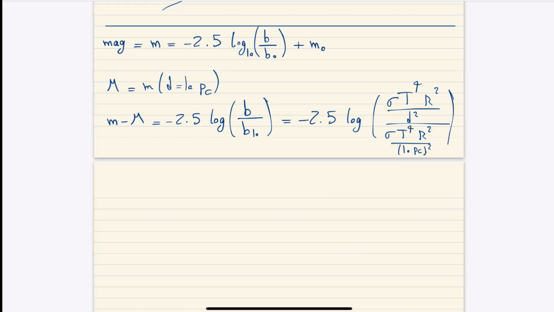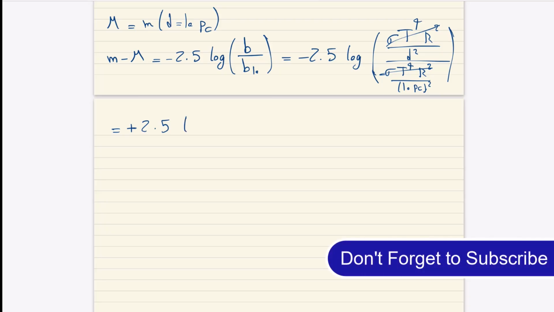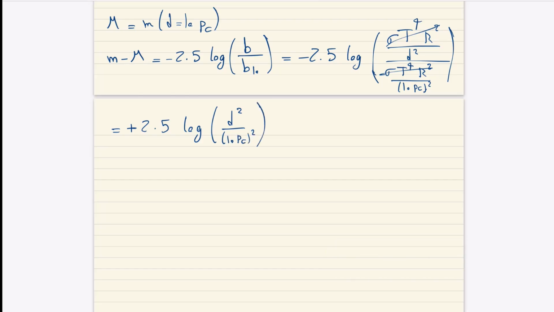The whole thing is in the logarithm. This goes away with this, and we have plus 2.5 logarithm of d squared over 10 parsec squared, or 5 logarithm of d over 10 parsec.